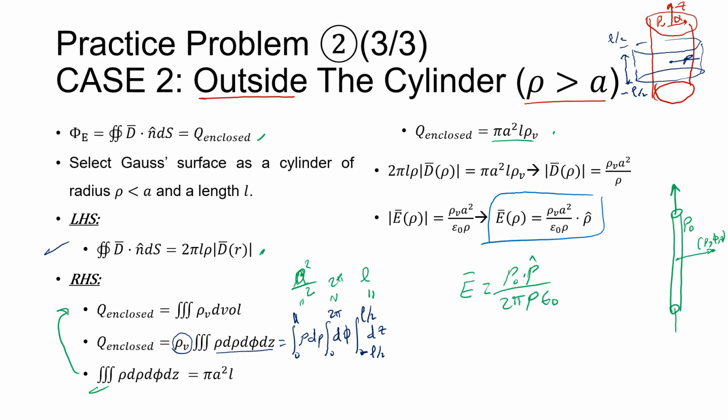This is also comparable to the result we got from this problem, which we got when we applied Coulomb's law. Anyway, you can manipulate here, and you'll find again this is just charge density over 2 pi rho.